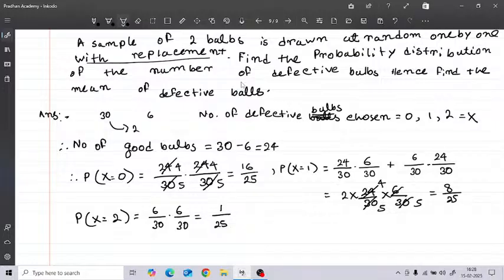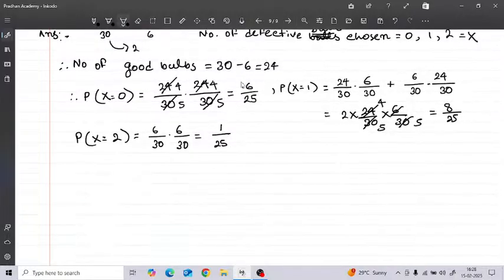That's my probability distribution. Now we have to write it in a table. So that's my table.